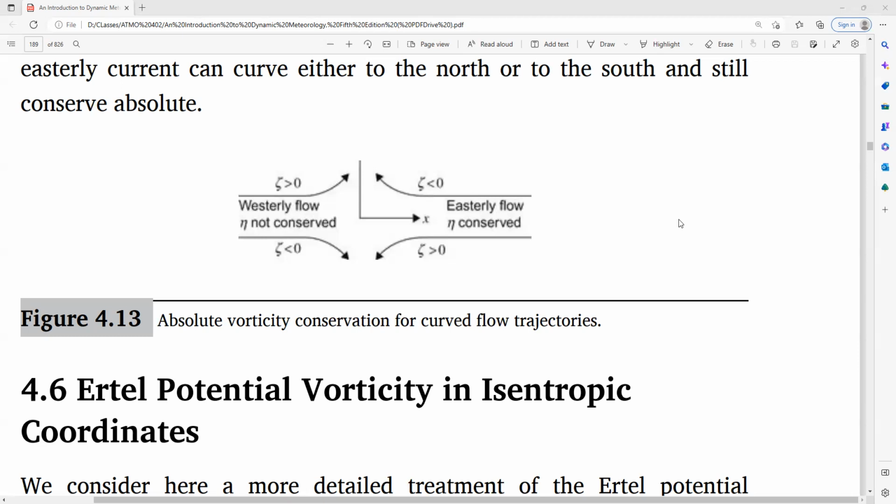So the absolute vorticity cannot be conserved. Same thing for a curve to the south. So that means in the flow, the western flow, without divergence and without time change, if the system is in steady state, then it has to be zonal.